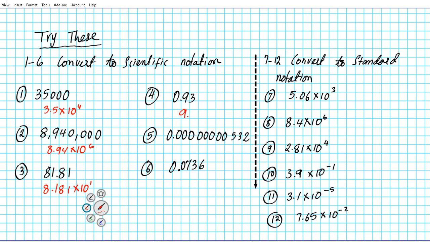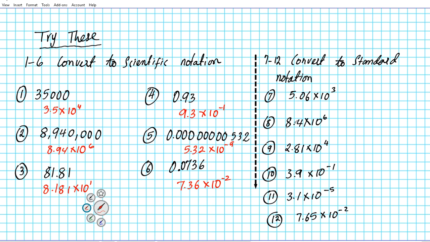Number 4 is 9.3 times 10 raised to the negative 1. Number 5 is 5.32 times 10 raised to the negative 9. And number 6 is 7.36 times 10 raised to the negative 2 power.